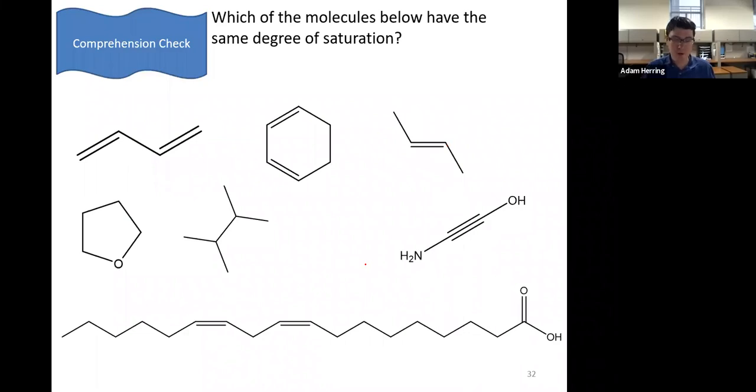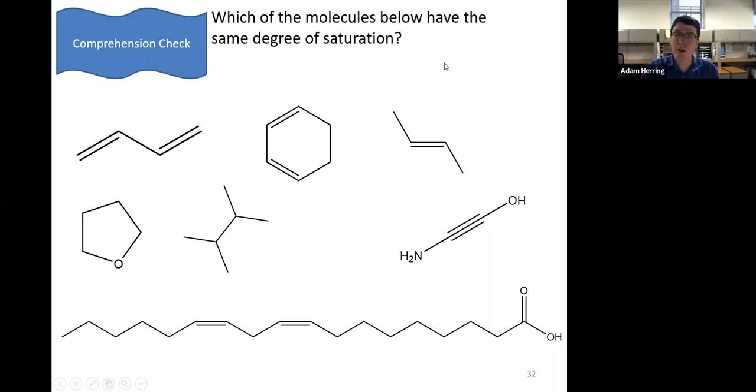Here's a last problem for you to evaluate. We want you to determine which molecules shown on your screen have the same degree of saturation. So you're looking for which of them have the same number of hydrogens removed because of either the ring structures or the double or triple bonds.